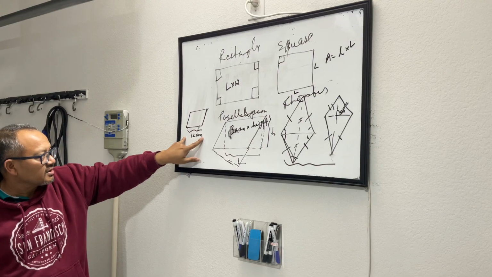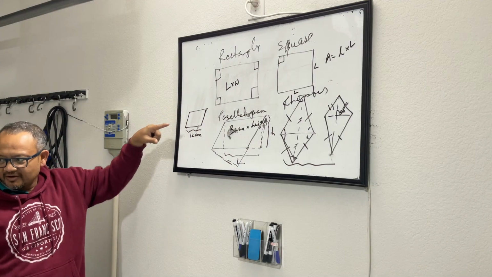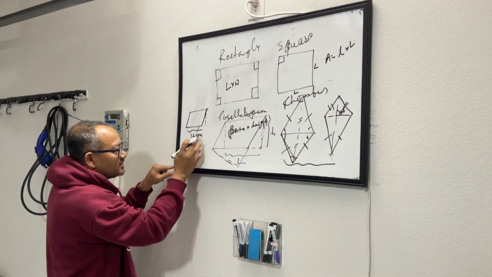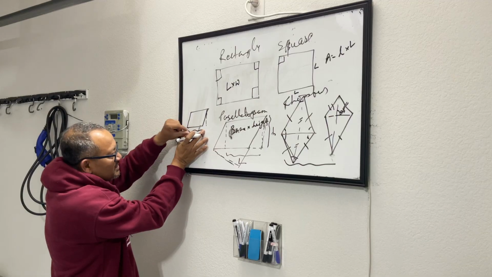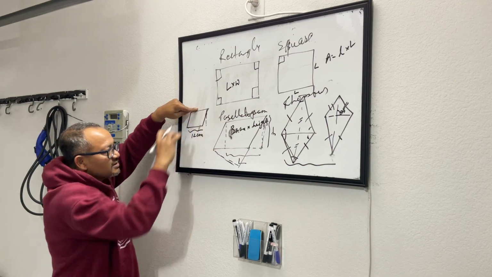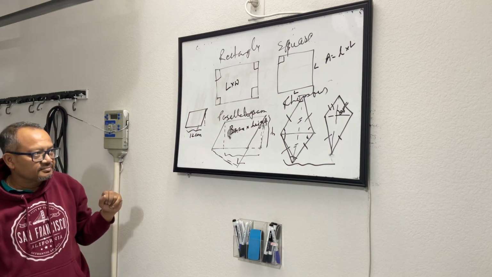What is my height? Where is the height given to me? You will look for this height, the distance between these two parallel lines. If you are taking this as a base, there is a line parallel to this, and the perpendicular distance between the two lines is what will be your height. That's what you look for.